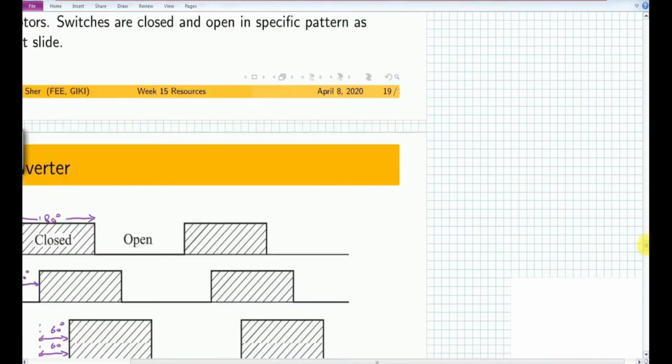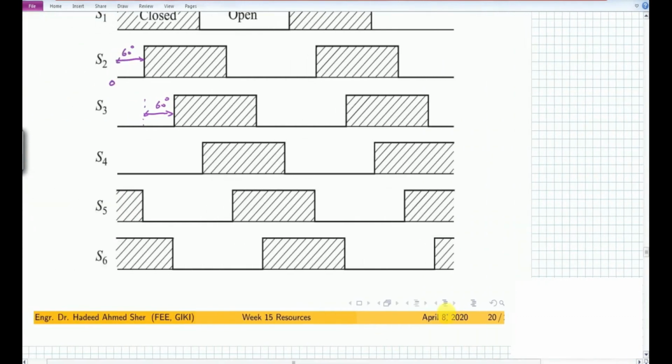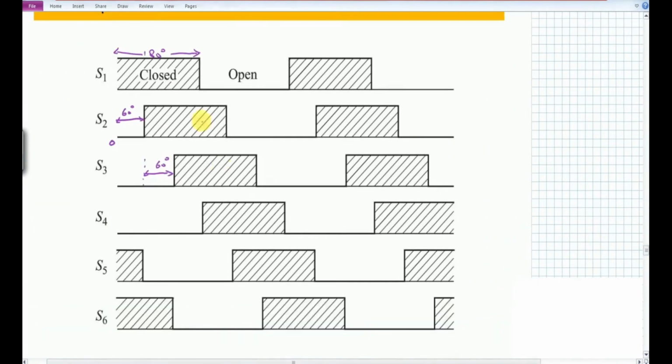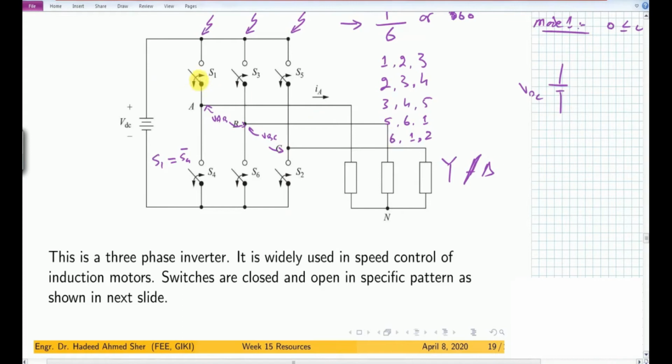Let us go back here and see at this particular point, this is mode number 1. We have switch S1 turned on, S5 turned on, as well as S6 turned on. So if we move back here, we can understand that this point A is connected with this VDC.